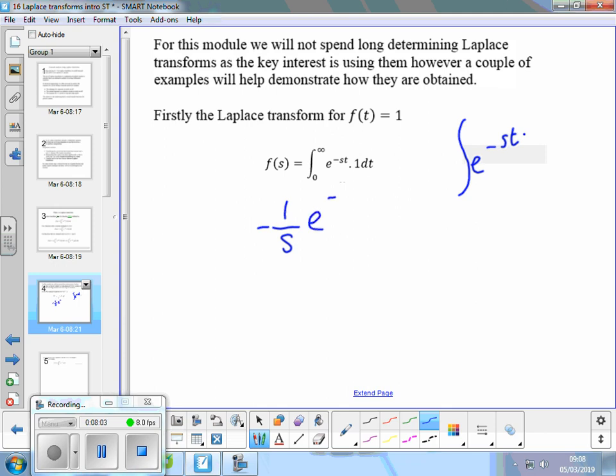e to the minus st. But we're doing a definite integral, aren't we?